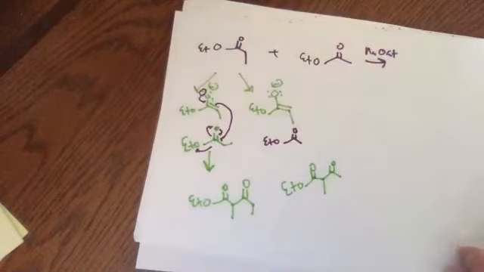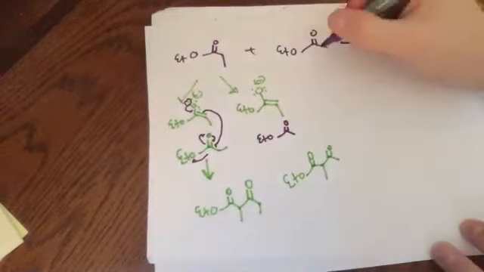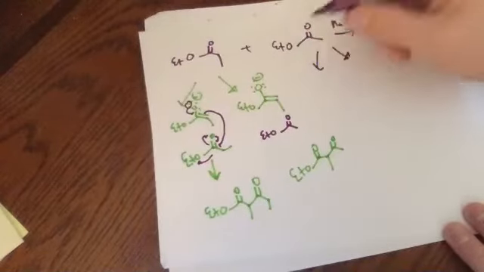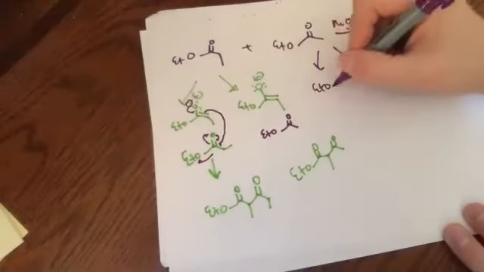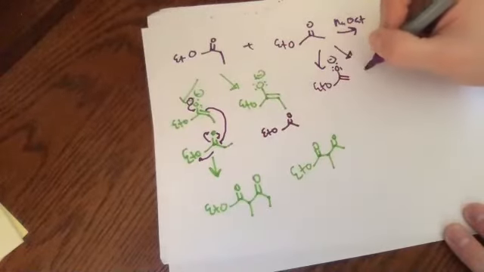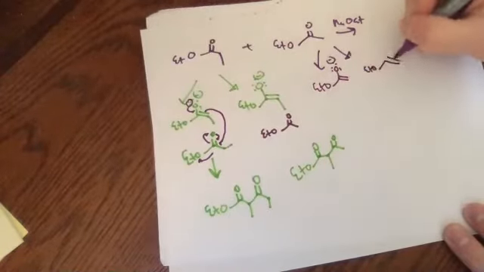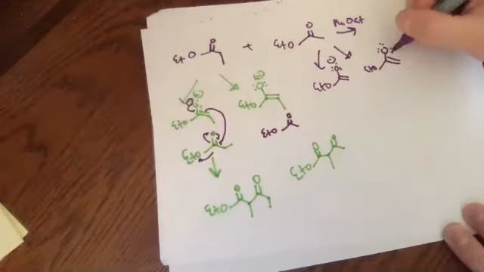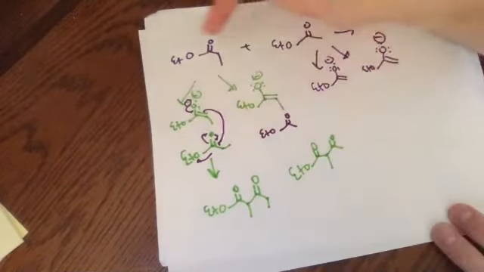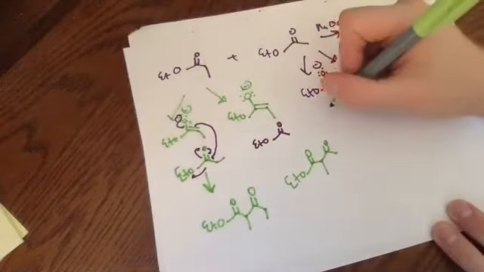All right, our other ester here can form the same enolate twice. From this point, we can either interact with another equivalent of our first starting material.